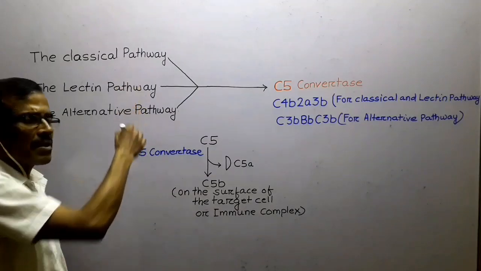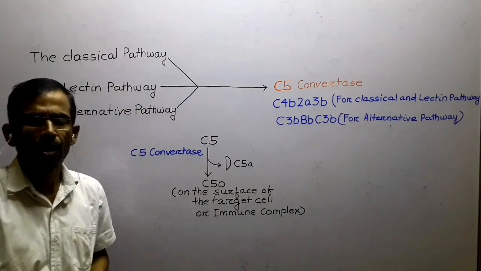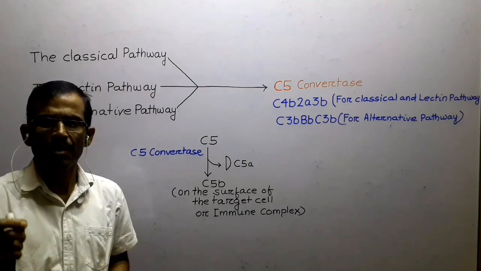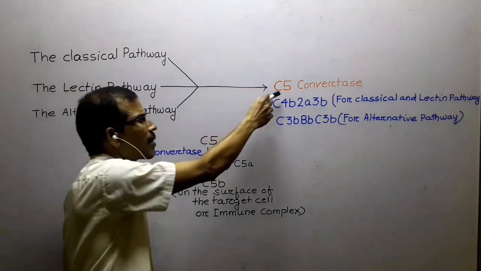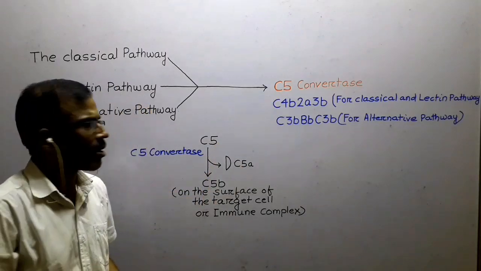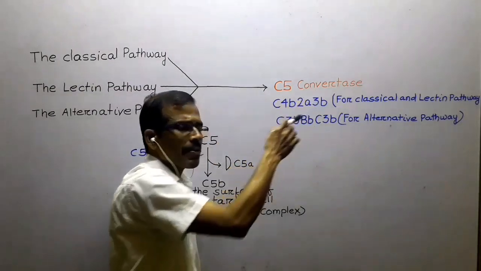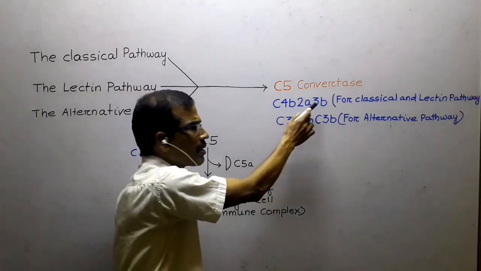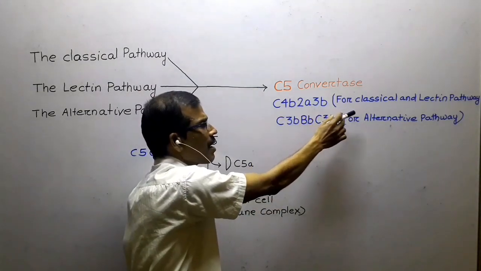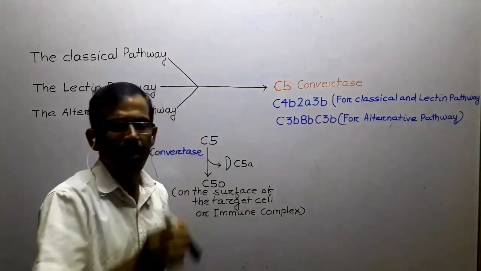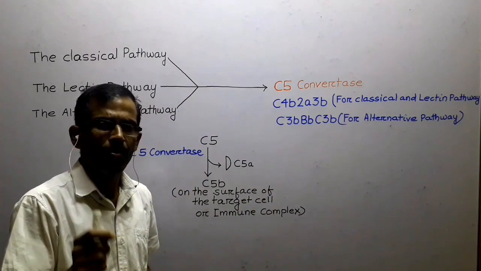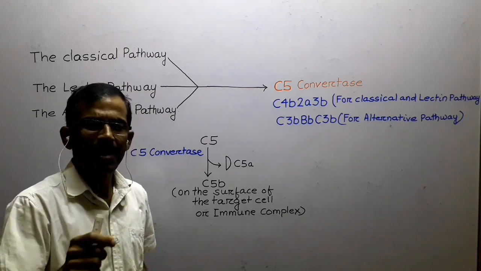All the three initiation pathways of complement activation lead to the generation of C5 convertase. The composition of C5 convertase is C4b2a3b for classical and lectin pathway, whereas for the alternative pathway the composition is slightly different.